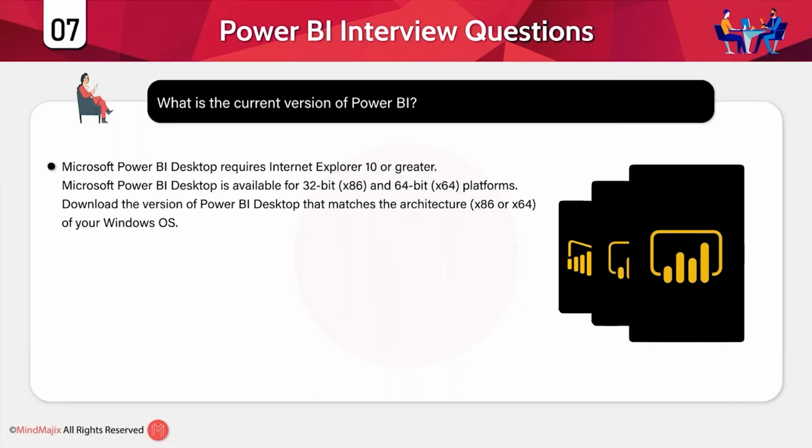Download the version of Power BI Desktop that matches the architecture, x86 or x64, of your Windows OS. Nowadays, whichever laptops you have, with Windows 7 and 10, they typically support Power BI Desktop in all scenarios, because their configuration is either 32-bit or 64-bit. So both of them will work for Power BI Desktop.